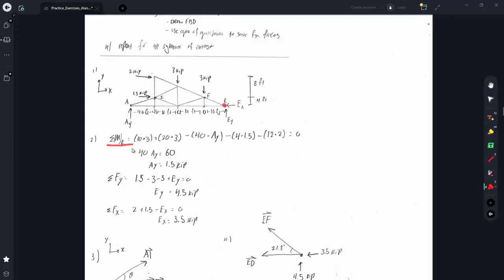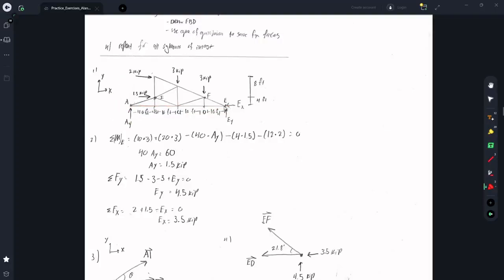So the sum of the moments about E is going to be this first moment, which is 10 feet times 3 kilopounds, and that is counterclockwise, so it's positive. And then 10 plus 10 is 20 times 3 kilopounds, and again, that's going to be positive because it's counterclockwise. We have all the way over here 40 feet, and then the support reaction we're trying to solve for, AY, that is clockwise, so it's negative.